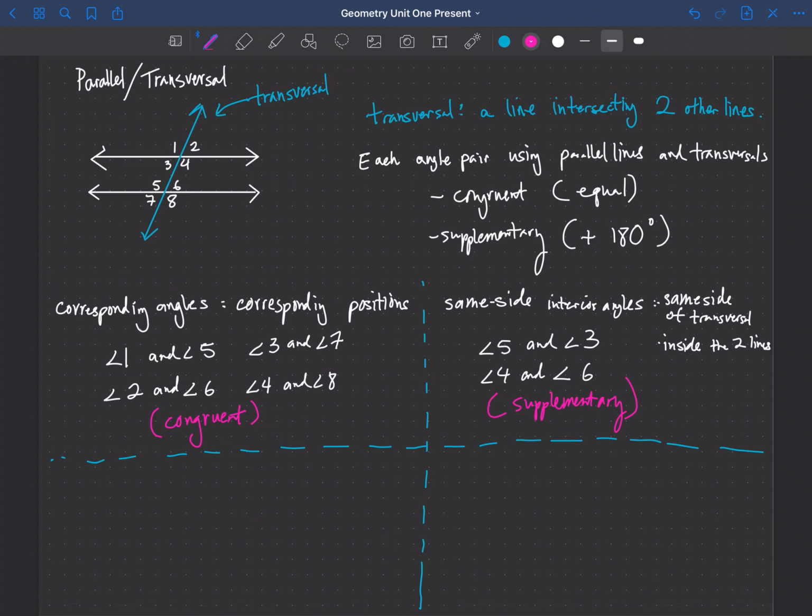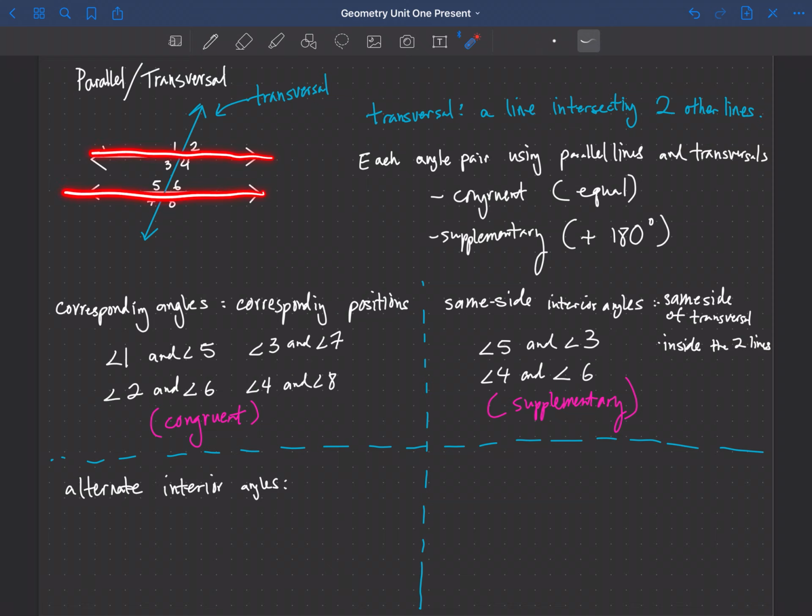Let's move on to our next set. So our next set would be alternate interior angles. Same idea as the same side interior. It's inside the two lines because it's interior.